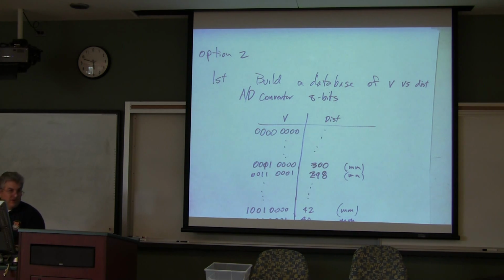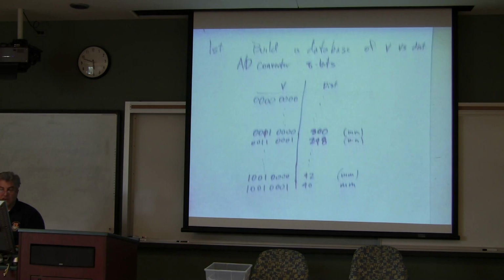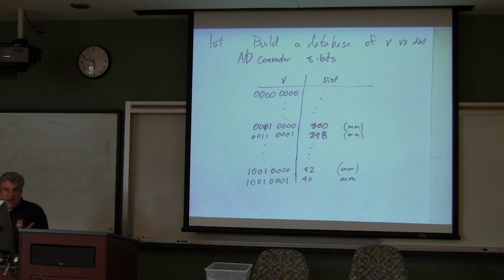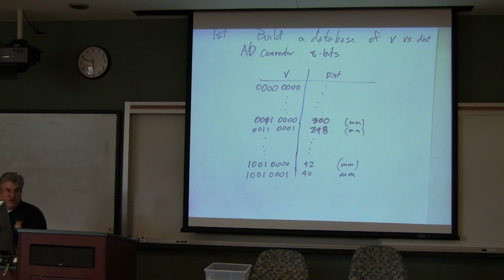And that's a table or an array that you'll set up beforehand. You'll actually embed that in your software, just by creating an array and entering all these values. Everybody know how you would do that? How would you create the array?